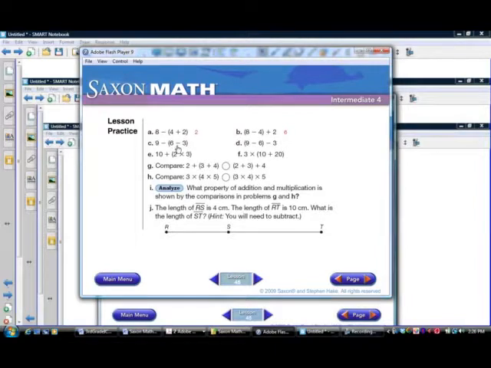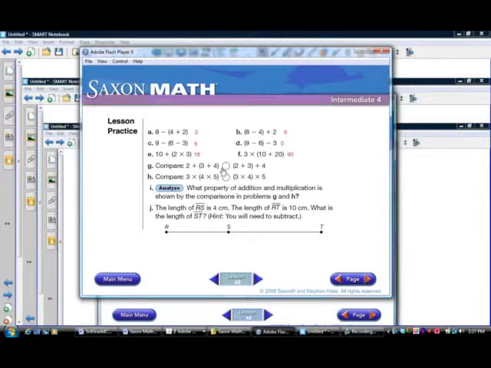Remember, do me first. 6 minus 3 is 3, and 9 minus 6 is 3, and 3 minus 3, 0. 2 times 3 is 6, plus 10 is 16. See, they're mixing up the signs on us now. You've got to watch. 10 plus 20 is 30 times 3 is 90.